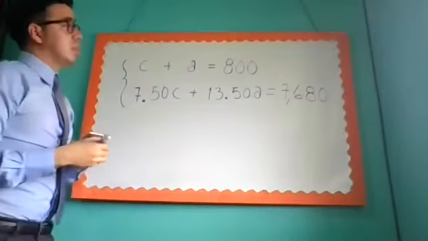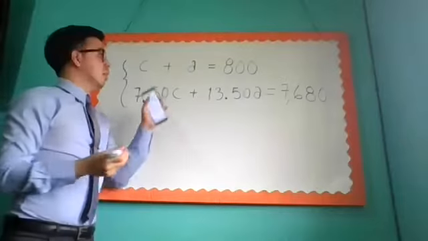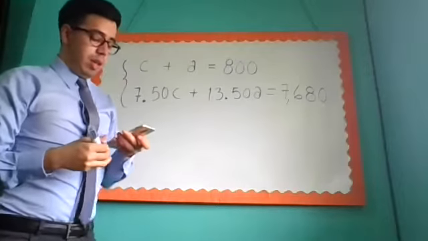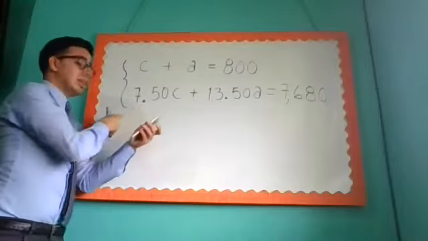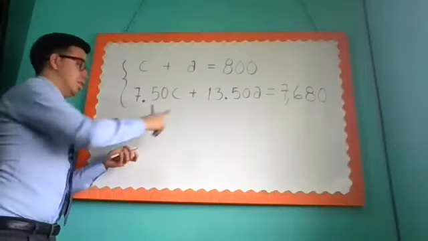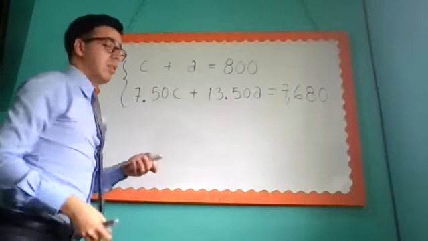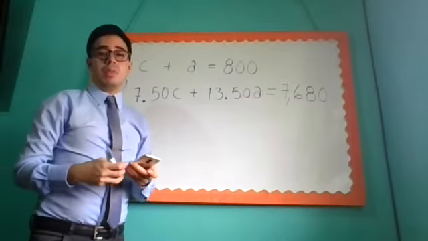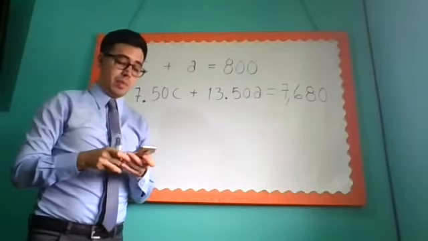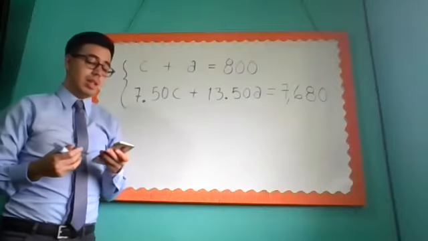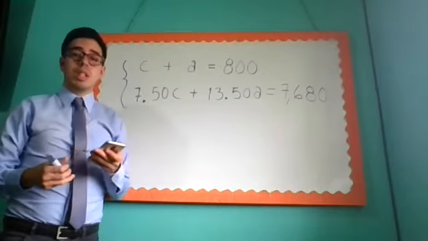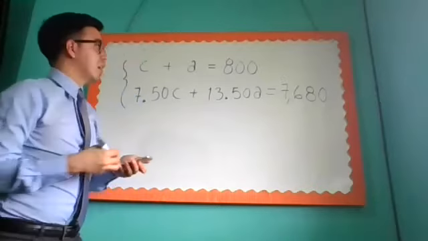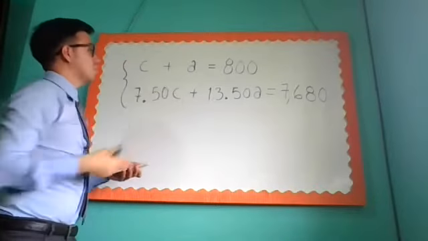Right? These are the two equations that we have. This is our system of equations. We have two equations to solve. This one is the amount collected for children tickets, the amount collected for adult tickets, and the total amount of money collected for selling the tickets. So in step 2, we need to solve for one of the variables, and we need to choose what variable we are going to use.